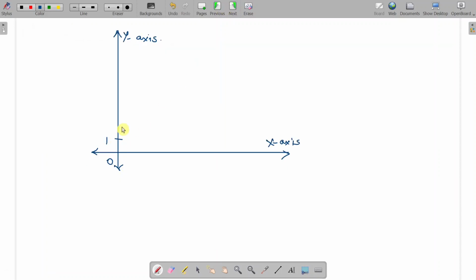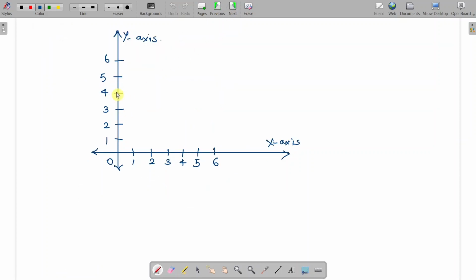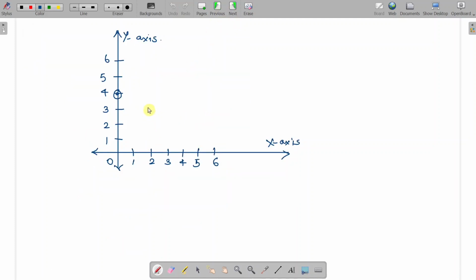So suppose this is 1, 2, 3, 4, 5, 6, and then this is 1, 2, 3, 4, 5, 6. So first point is 0 comma 4, so that is nothing but here. Then 2 comma 3, so that means here. 4 comma 2, that is here. So we will join these 3 points to get a line.